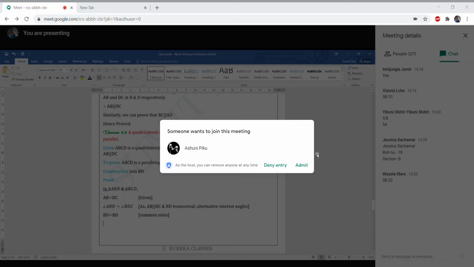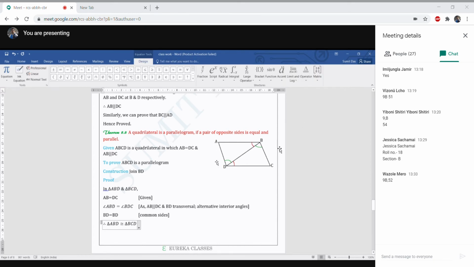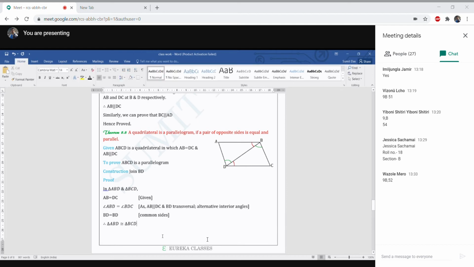In these two triangles ABD and BCD, we can see AB equal to DC, then angle ABD, this red color angle, and angle BDC, this red color angle, are equal, and BD equal to BD. Therefore, triangle ABD and triangle BCD both are congruent by SAS congruence proof.